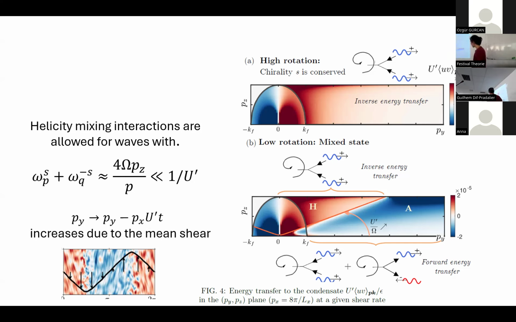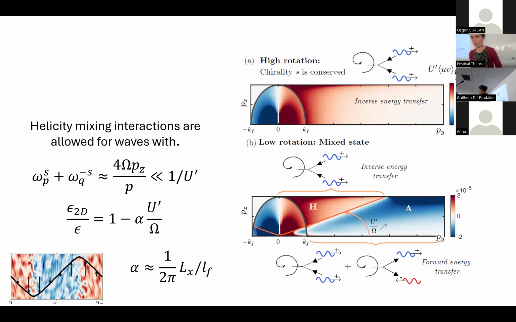Okay, so that's the picture, and the slope of this line is exactly the shear rate divided by omega. So what happens is that on the one hand, for each u prime over omega, I can compute how much energy the condensate will get.